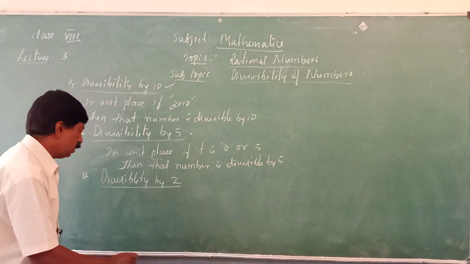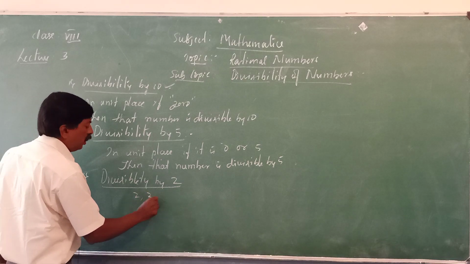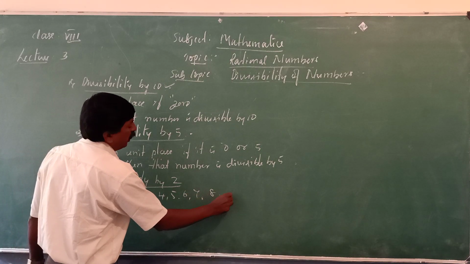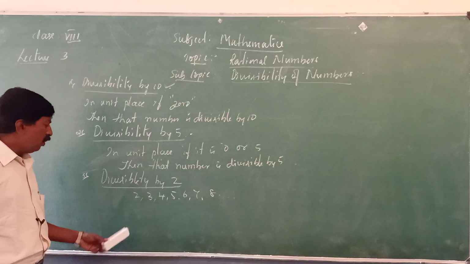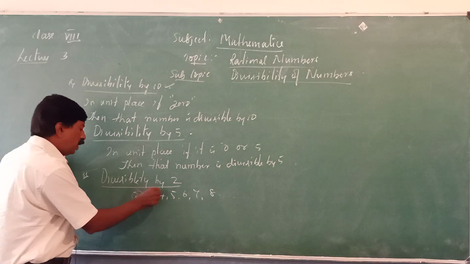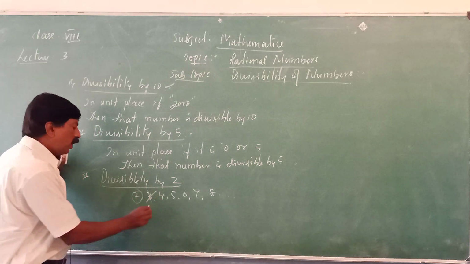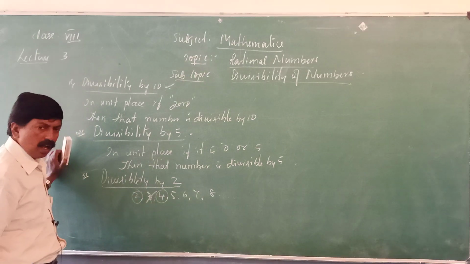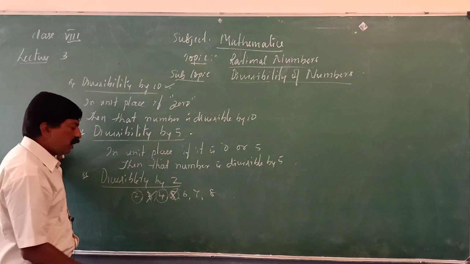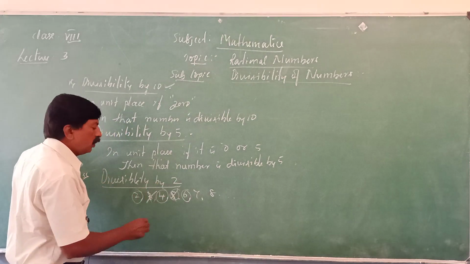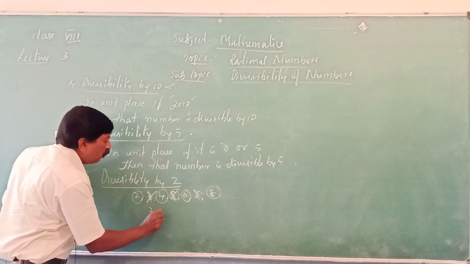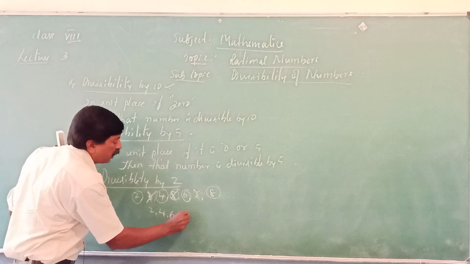Take some numbers: 2, 3, 4, 5, 6, 7, 8, etc. 2 divides by 2. 3 will not divide by 2. 4 divides by 2 because 2 twos are 4. 5 will not divide. 6 divides by 2. 7 is not possible. 8 does.